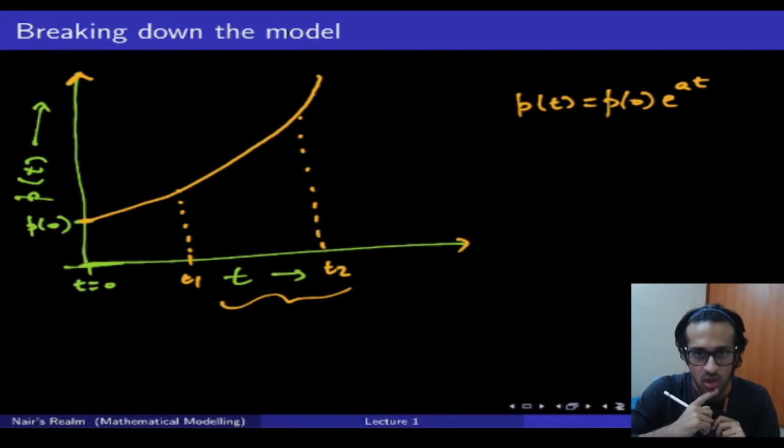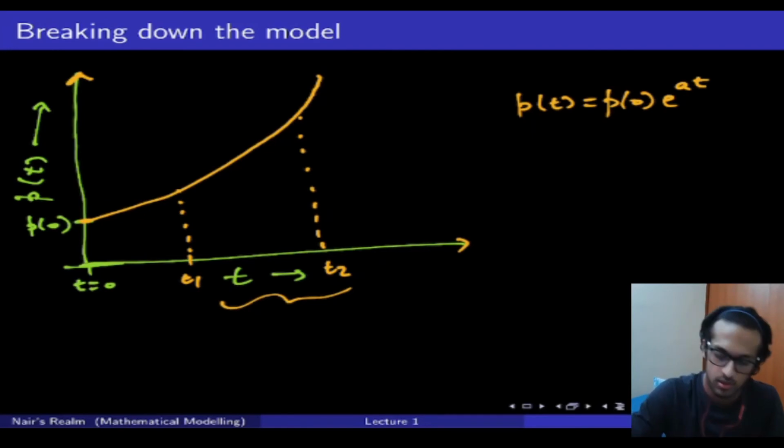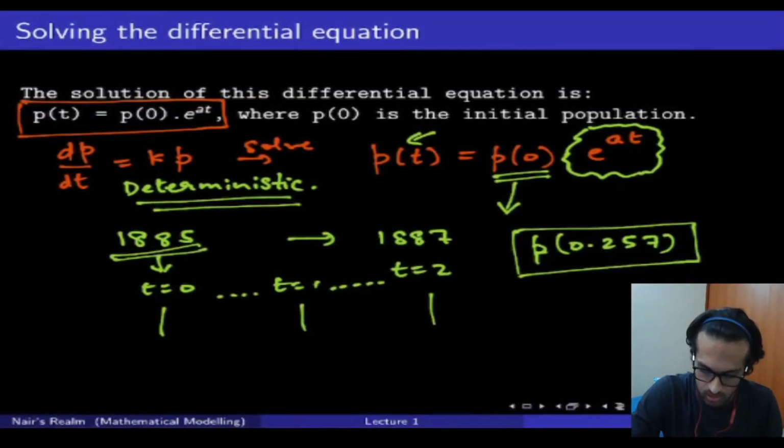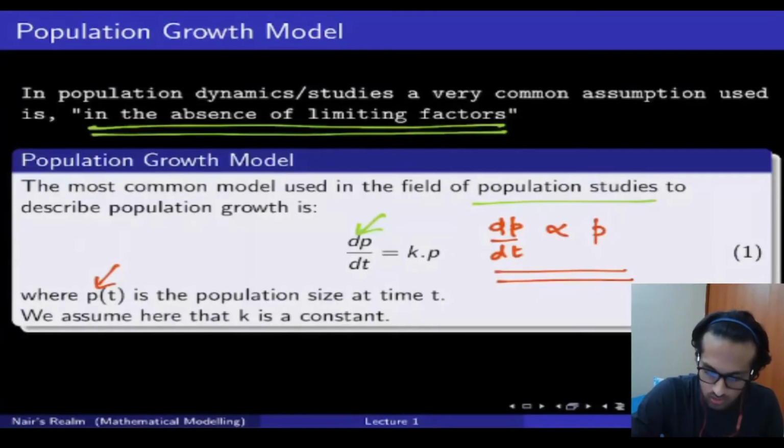Now, a few important things to note here. The first thing, which I haven't spoken about till now and you probably are confused about, is what is this A? If I were to just go back to the slide, what is this A over here? I've used K and A interchangeably, if you can notice.